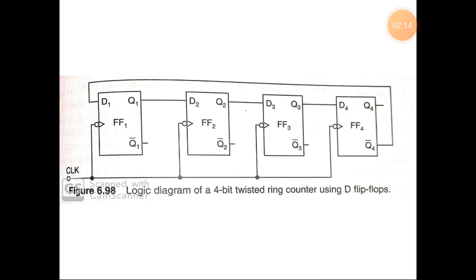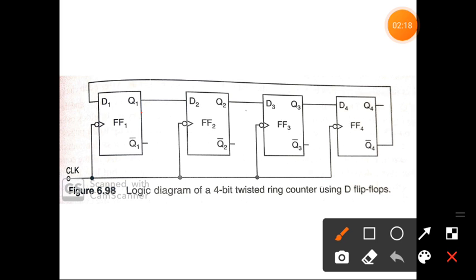The Q output of each stage is connected to the D input of the next stage, but the Q bar output of the last stage is connected to the D input of the first stage. Therefore, its name is twisted ring counter. This feedback arrangement produces a unique sequence of states.